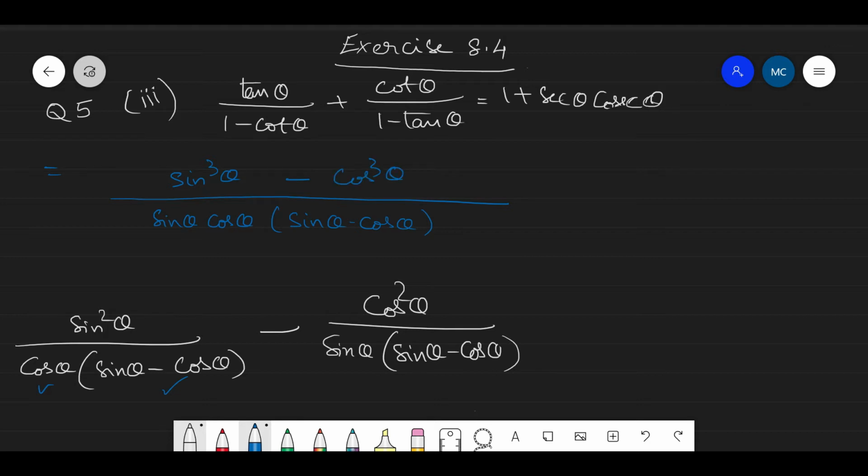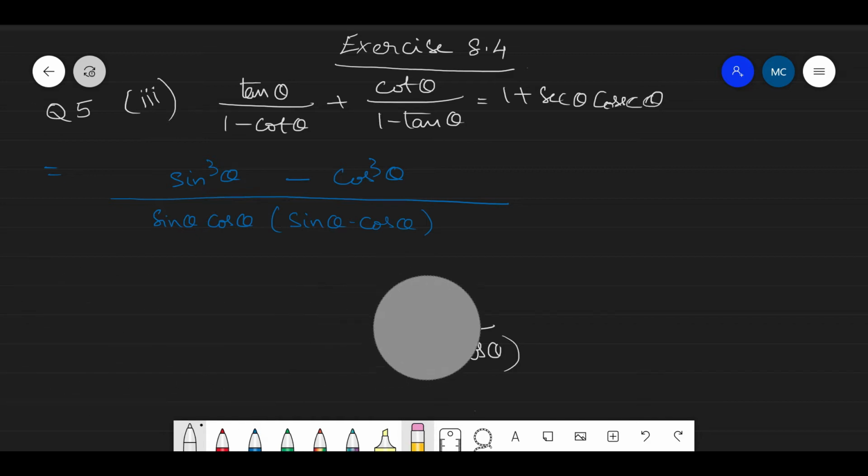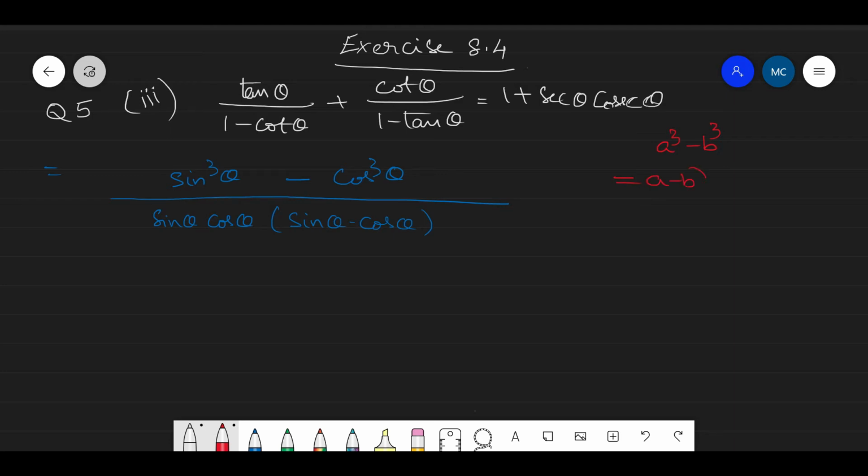Now in this case, we must be aware of this identity. What is that identity? A cube minus b cube. We are going to use a cube minus b cube identity. What is a cube minus b cube? A cube minus b cube is equal to a minus b into a square plus ab plus b square. That identity we are using. In this numerator, a is nothing but sin theta and b is nothing but cos theta.